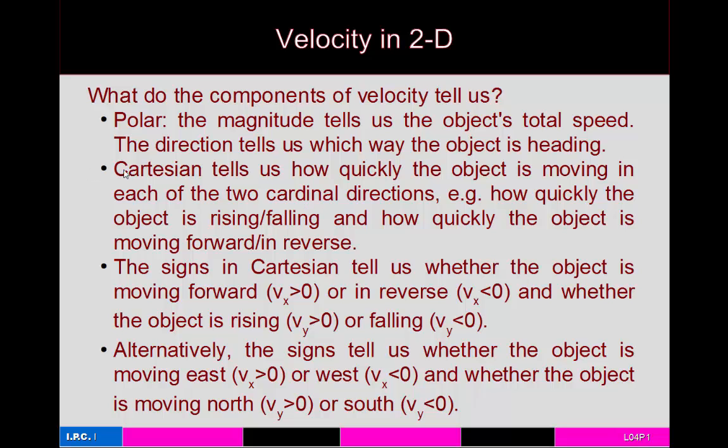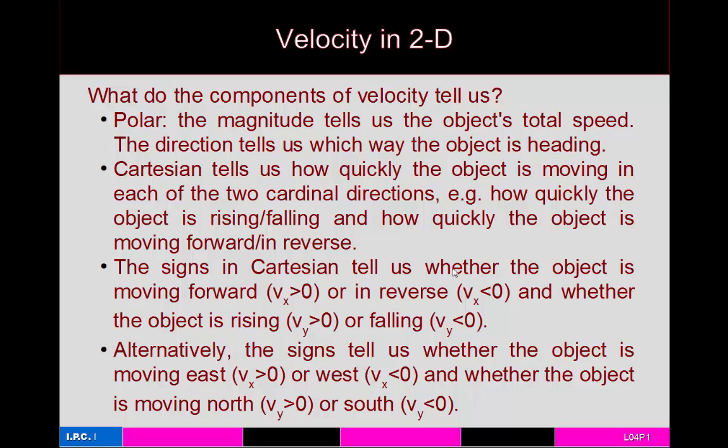And if you switch instead to Cartesian, it basically is telling you how quickly along each of the 2 cardinal directions your object is traveling. In other words, how quickly is it rising or falling, and maybe how quickly is it moving forward or backwards. Alternatively, how quickly is it going left or right, and how quickly is it going forward backwards.